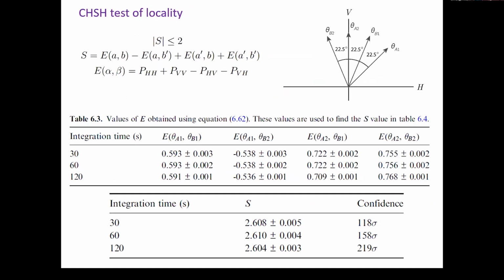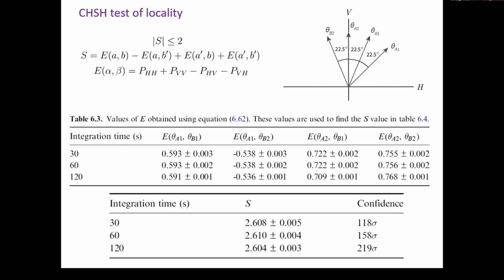You will do this famous test called the CHSH test. Any standard textbook on quantum mechanics or quantum information will have this test. If this parameter S is less than 2, where S is defined by this correlation function, then you will have local realism.